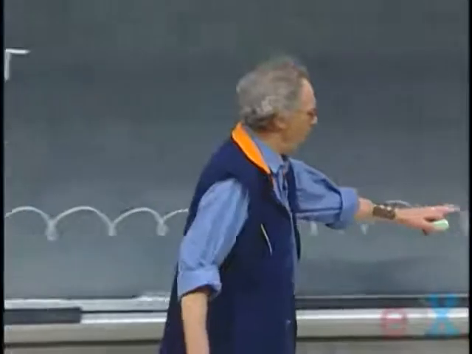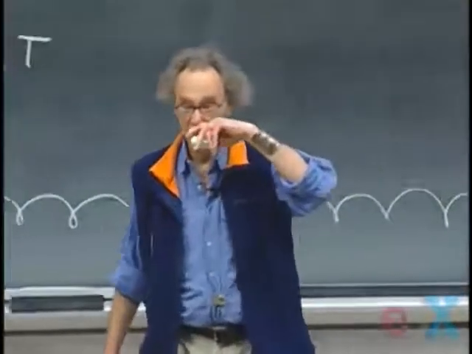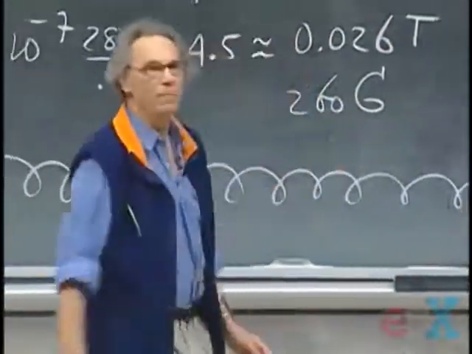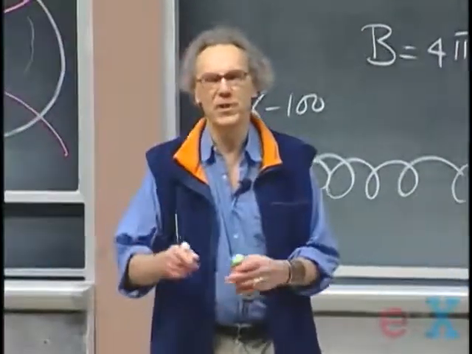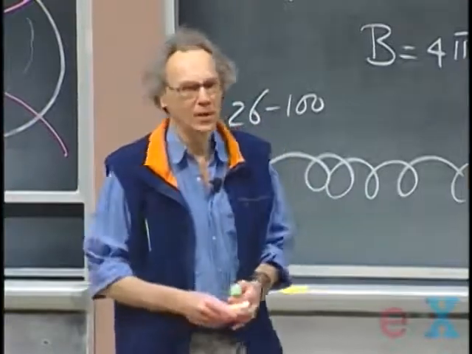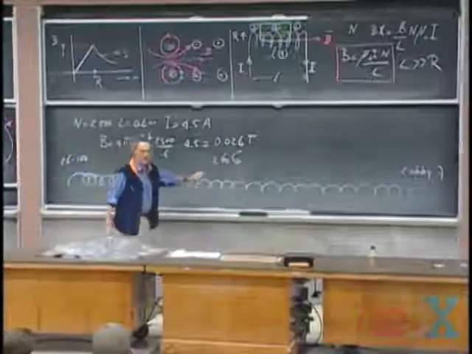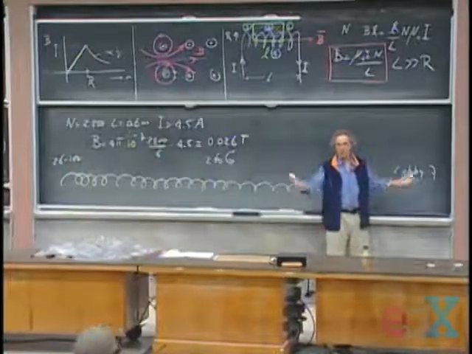Look at this loop. Think of it as the first loop. It creates a magnetic field. What is the shape of that magnetic field? Well, it is a current loop, and as we discussed last time, the magnetic field that 1 loop produces is like a dipole field. So do you really think that here in 26,100 we can sense the magnetic field that is produced by this 1 dinky toy loop?